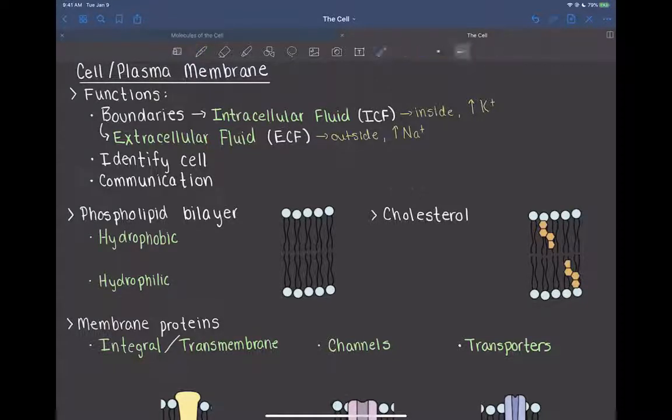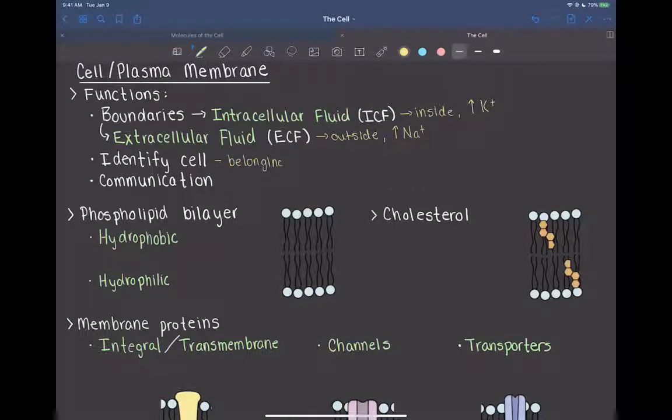Another function of the cell membrane is that it helps to identify the cell. We'll talk about that when we talk about some of these membrane proteins. There are proteins and sugars on the surface of the cell that help to identify the cell as belonging to self.